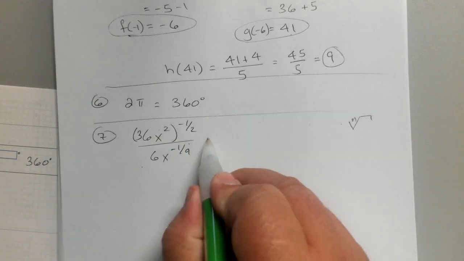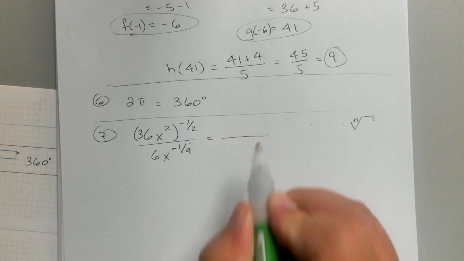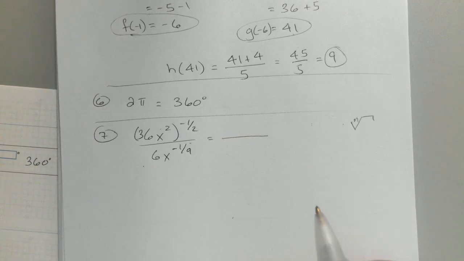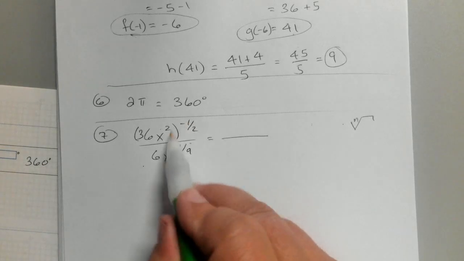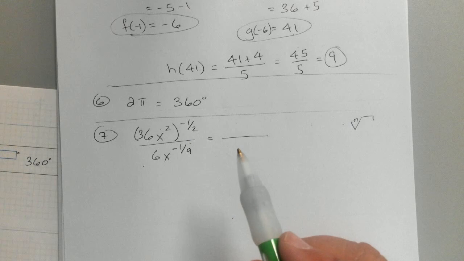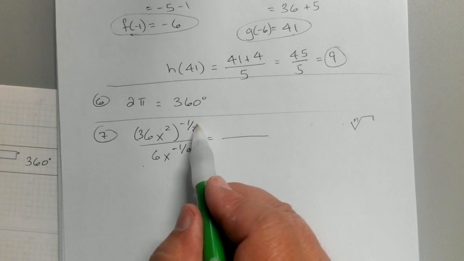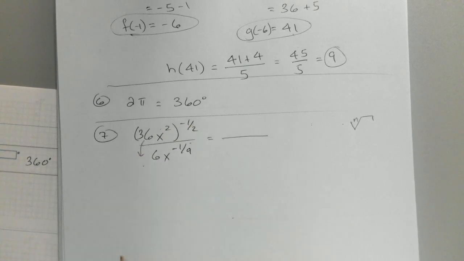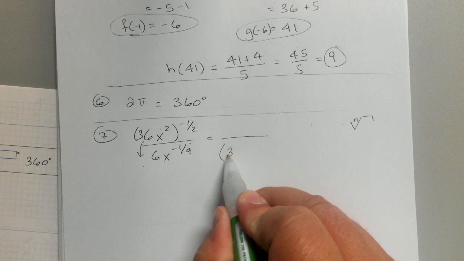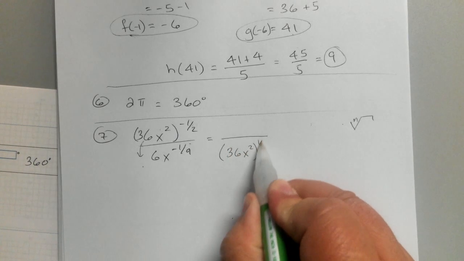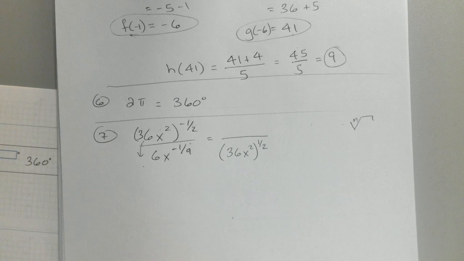So let's look at the first one. Do first with all this. Put up inside there? Put the whole thing. The whole thing goes to the bottom. So 36x squared now becomes positive 1/2. What about the bottom?